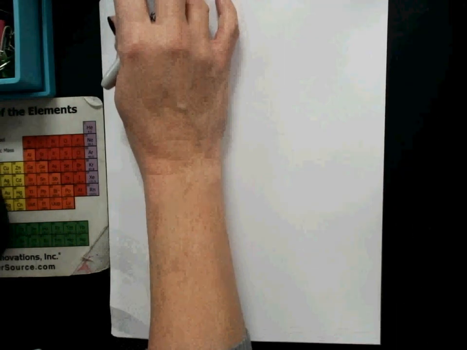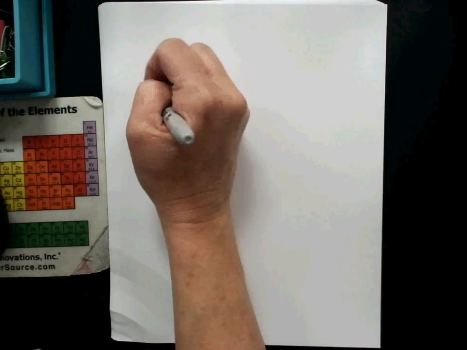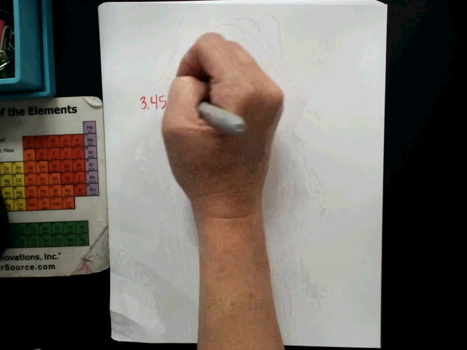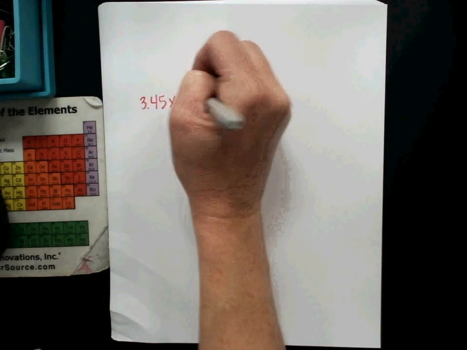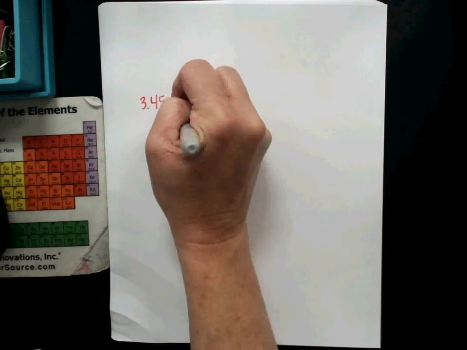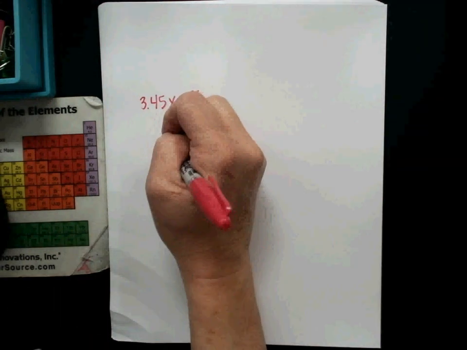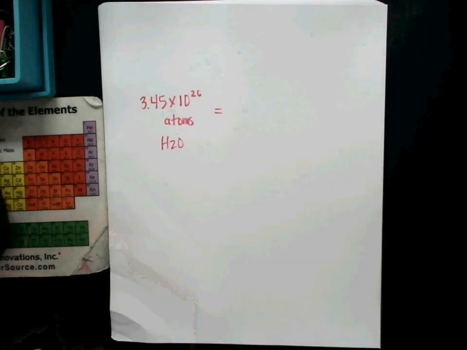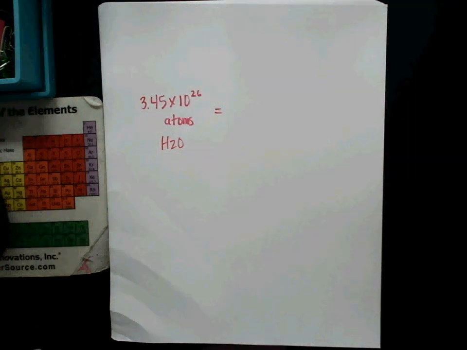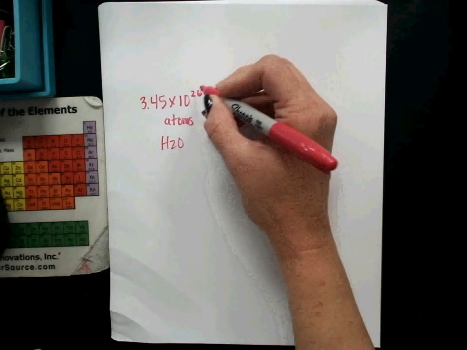All right, one more to try, and I'll stop talking. I promise. Well, I don't really want to promise. Question? No? We're good? All right, let's do 3.45 times 10 to the 26th atoms water.